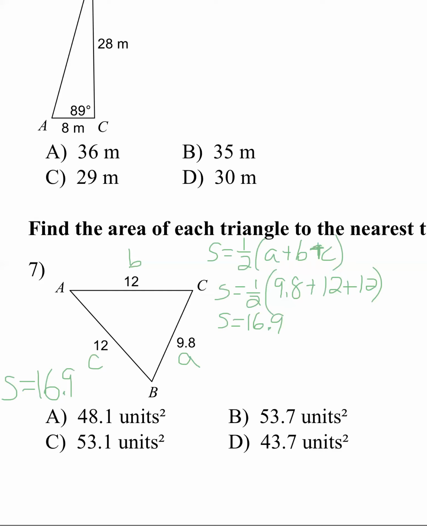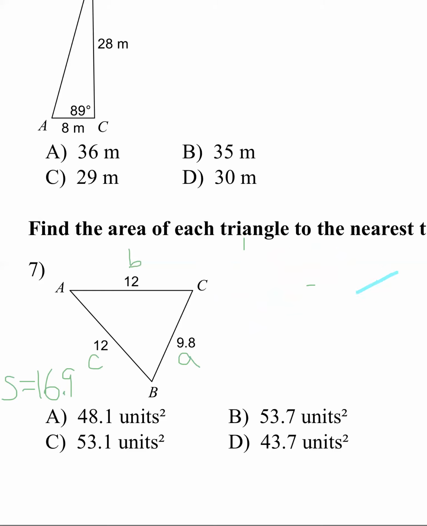All right, so now once you have S, now you go to the actual formula. Again, that is on your reference sheet, but here it is. The area of the triangle is going to be equal to a big old square root of S times (S minus A) times (S minus B) times (S minus C). So it's tedious because there's a lot of pieces, but it's not particularly hard.